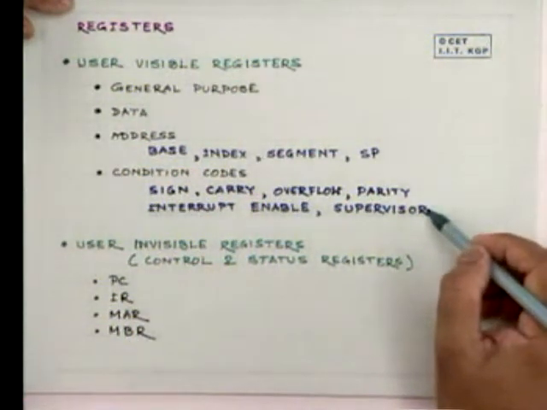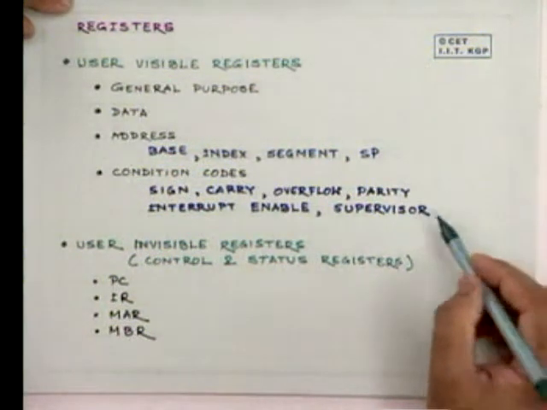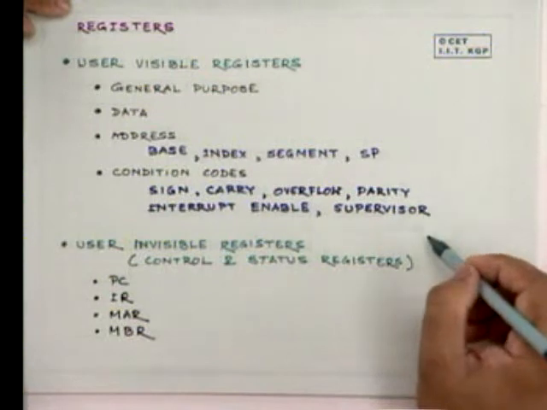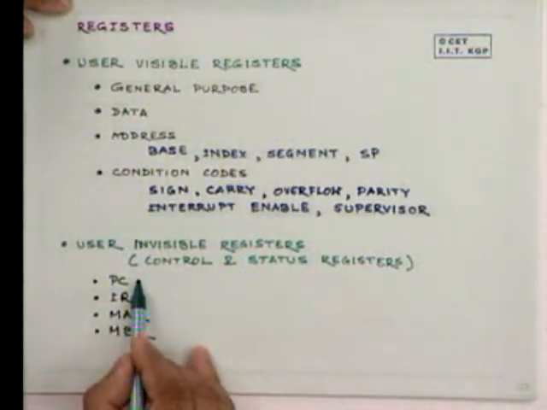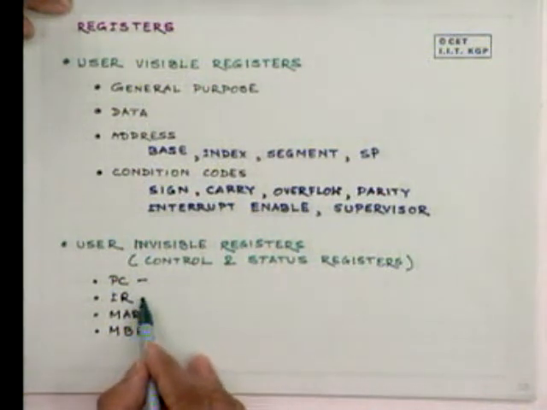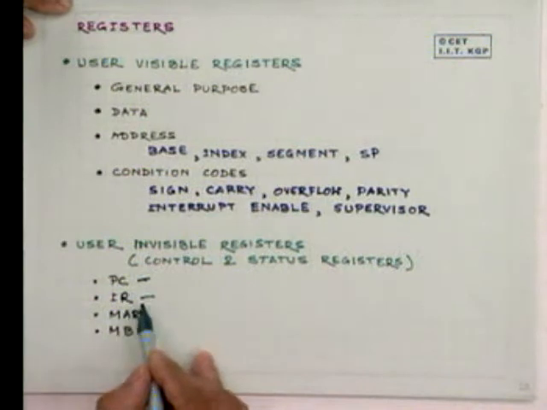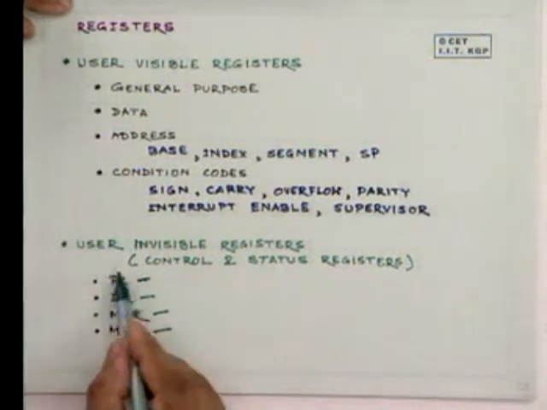There can be one register, 1 bit, okay, or more than 1 bit if needed, which tells whether you are in the supervisor mode or in the user mode. User invisible registers are the program counter, okay, the instruction register where the instruction is kept before decoding, memory address register, memory buffer registers, like this.